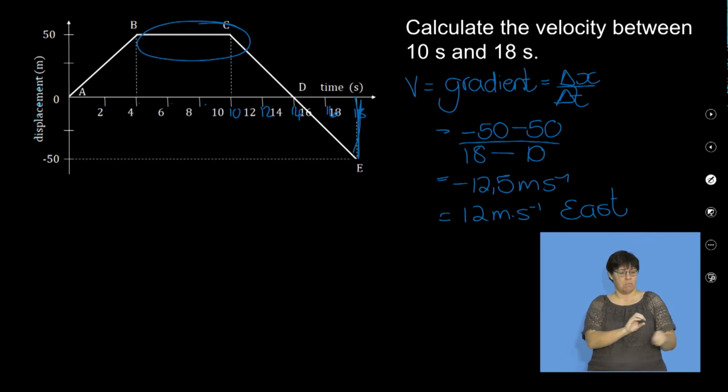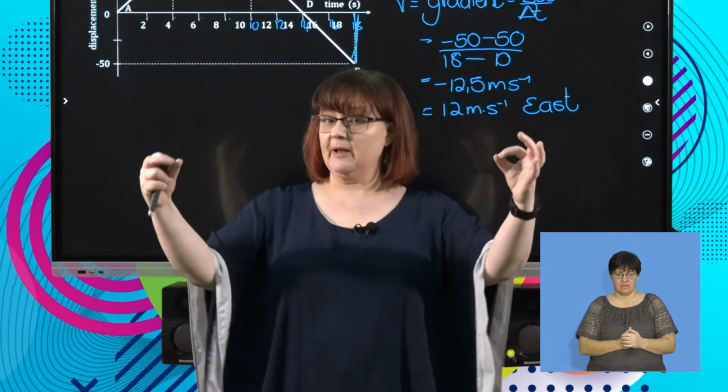He hasn't moved, because his displacement stayed the same. Then we've got an instantaneous straight line. So what the graph is telling you is he went from stationary to 12 meters per second, 12.5, sorry, instantly. There was no acceleration. We know that can't happen.